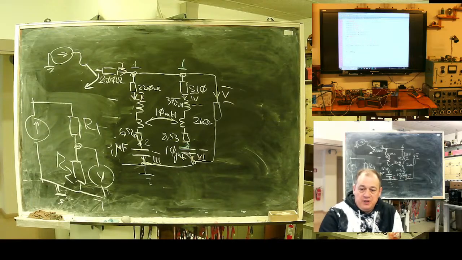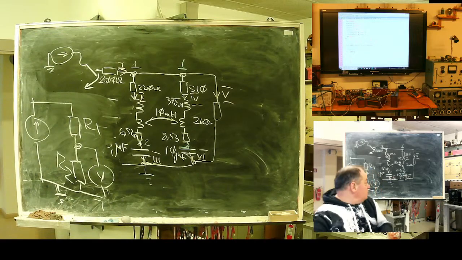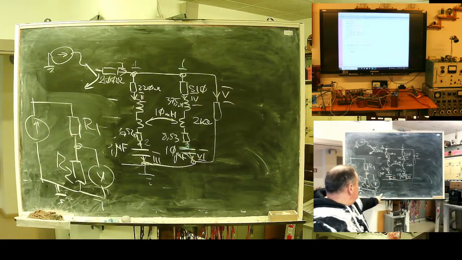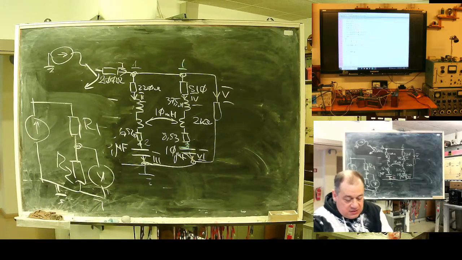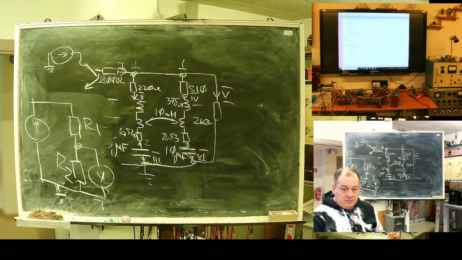UC1 will be EMF multiplied by, not 2, it's R5, yeah? And divided by R10 plus R5. Correct? Correct.